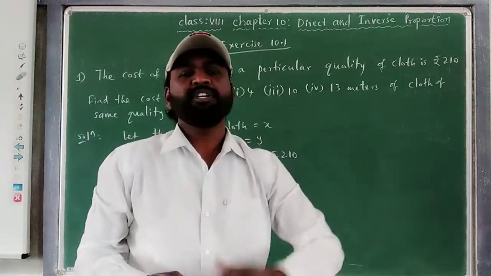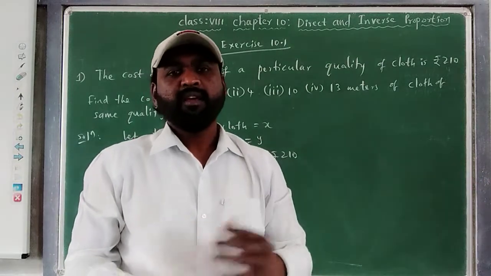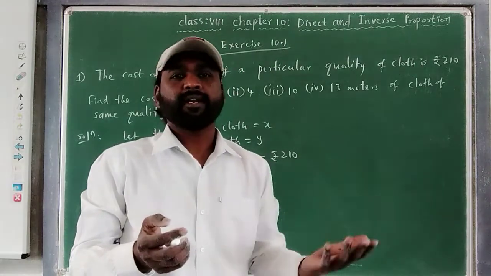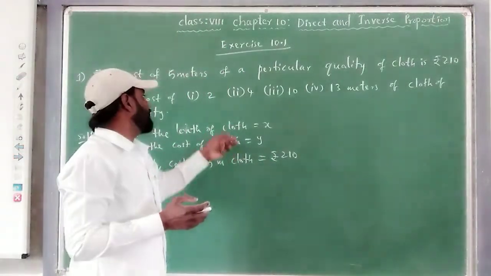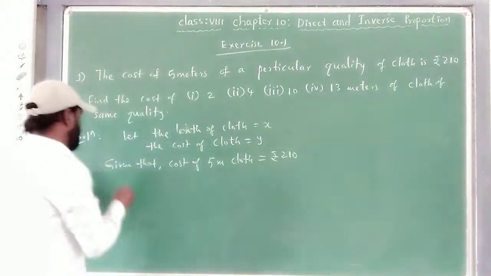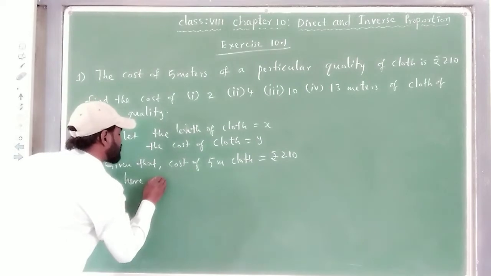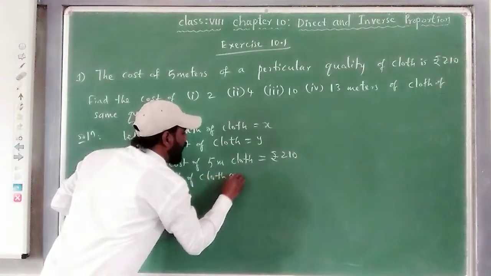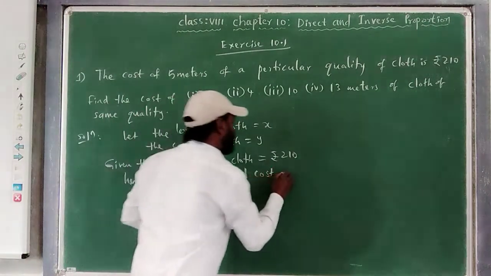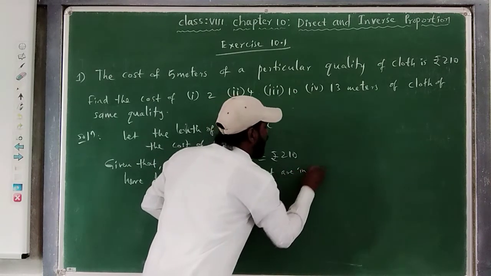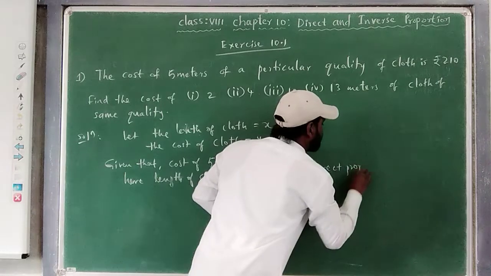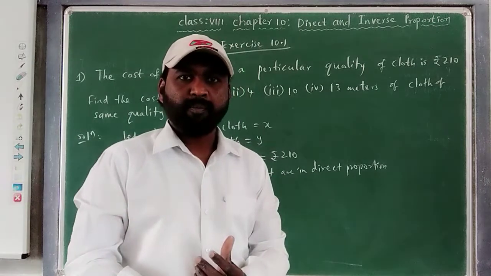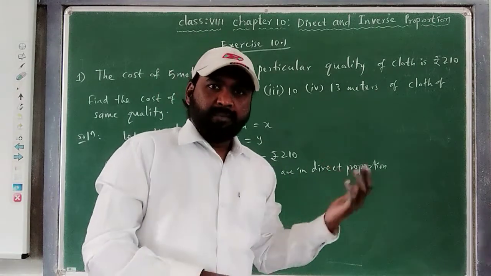So the cost of the cloth and the length of the cloth are in direct proportion.